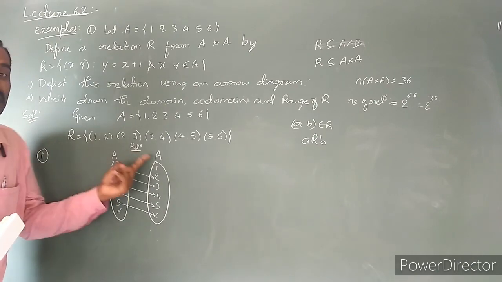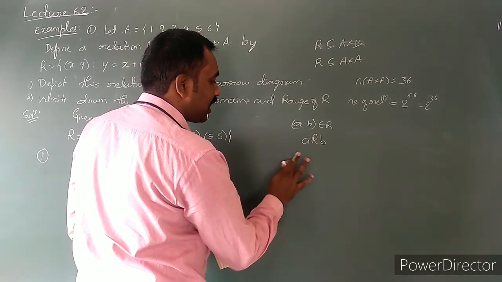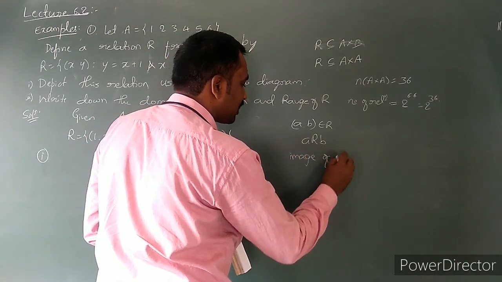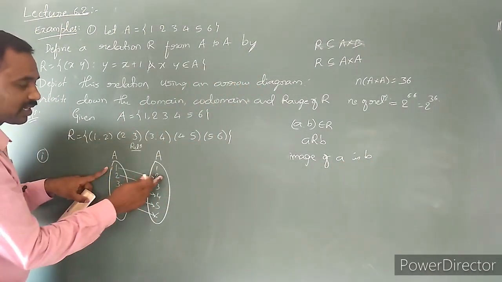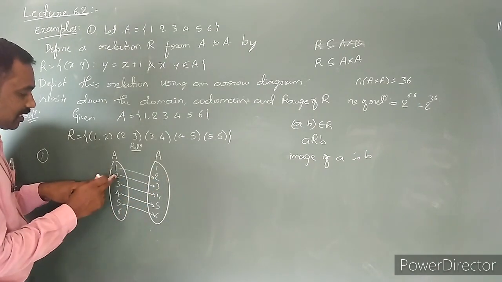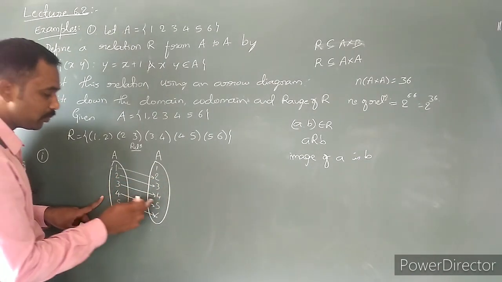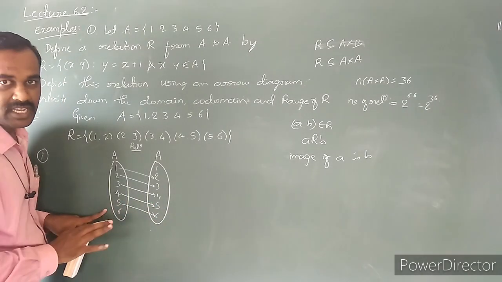Which elements have images? I have already told you that a is related to b, and the image of a is b. What is the image of 1? Image of 1 is 2. Image of 2 is 3. Image of 3 is 4. Image of 4 is 5. Image of 5 is 6. 6 does not have any image.